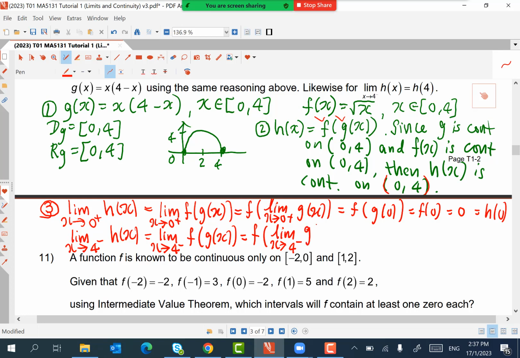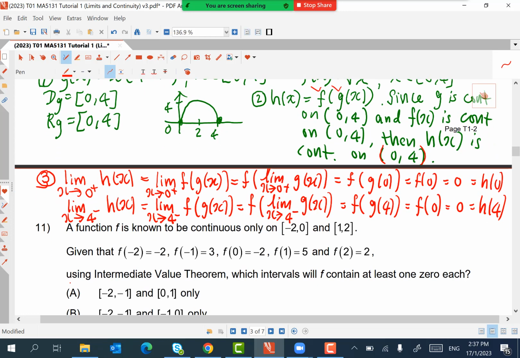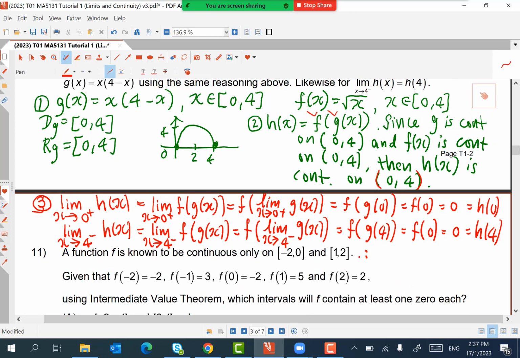Then g(x), and because function g is continuous, this becomes g(4), and g(4) again is 0, and f(0) is also 0, and again this is h(4). So therefore h(x) is continuous on the closed interval.